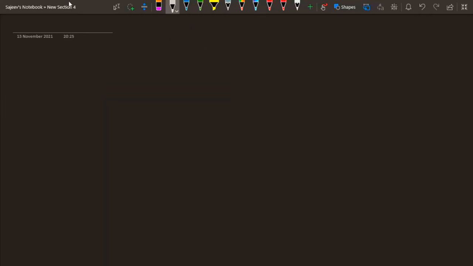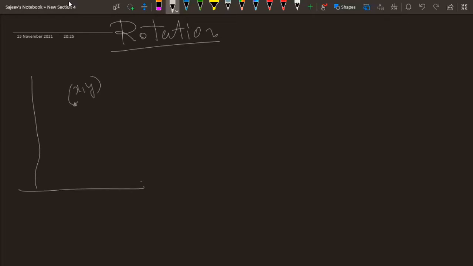So now we need a formula for rotation. Let me get my axes and take a point here, call it x comma y. If I draw the lines perpendicular to the axes, then this length is y and this length is x.